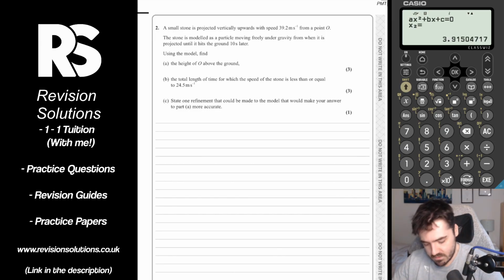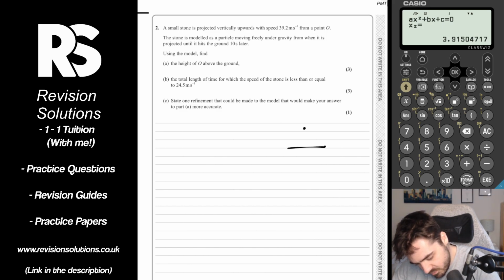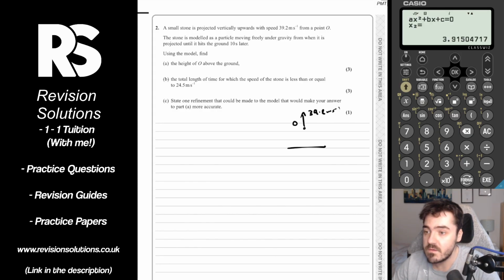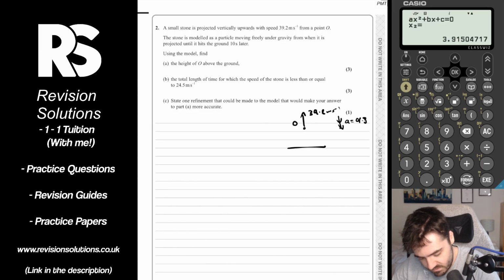So first off, let's draw a little diagram. Here's the ground. Let's say here's point O, and it starts with a speed of 39.2 meters per second. It's modeled as moving freely under gravity, so that means the acceleration is 9.8 back down towards the ground, as the only force is gravity.